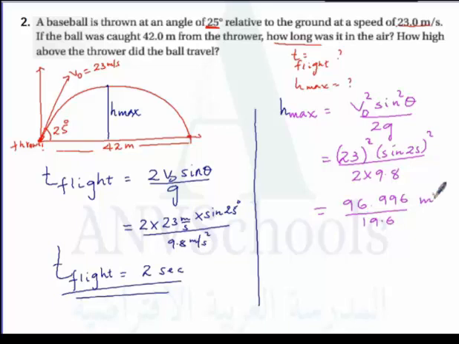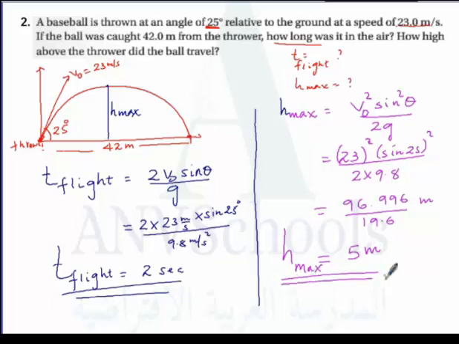That's H max. Dividing by 19.6, you get almost 5 meters. The maximum height that this object can rise above the throwing point is 5 meters.